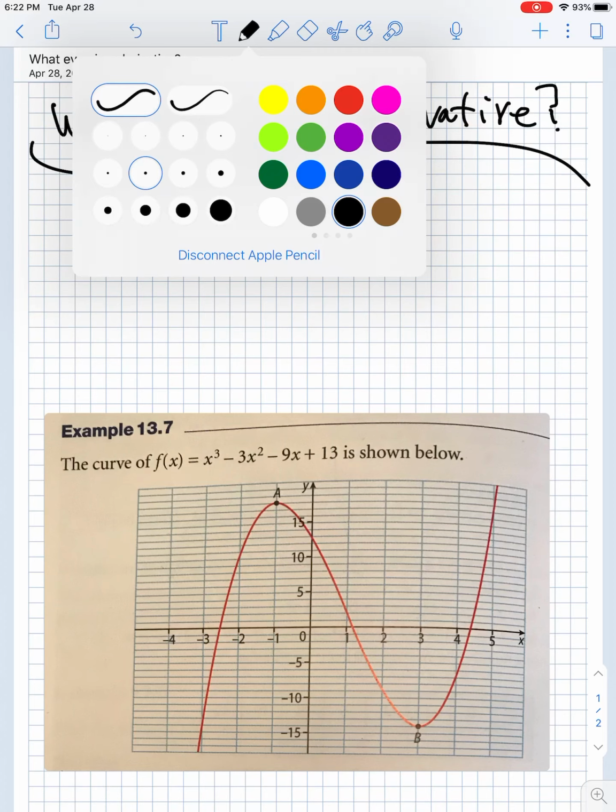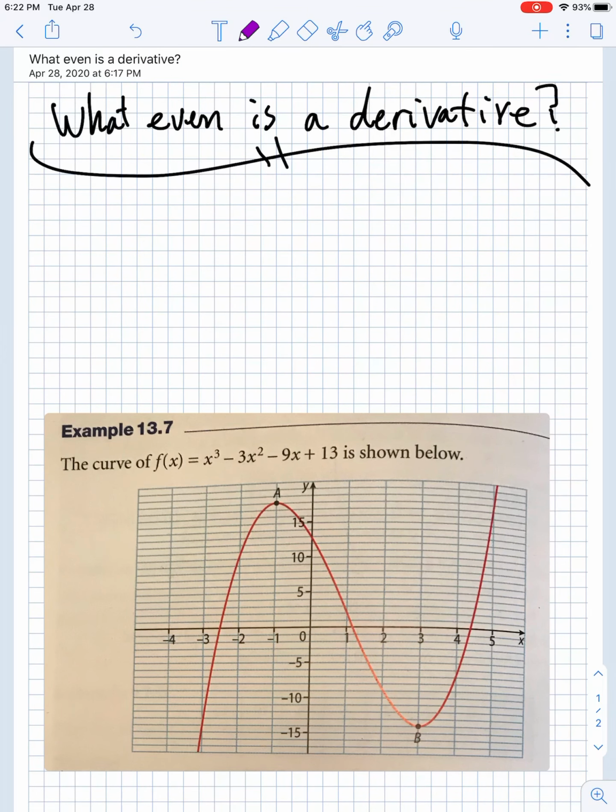Okay, guys. I've thought a lot over the years about how to explain this, and I think the simplest way to say it is that a derivative is a slope machine.